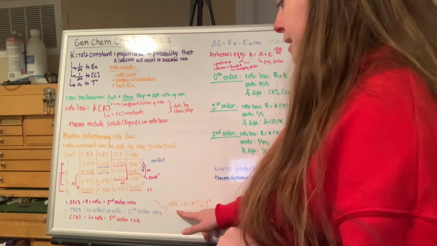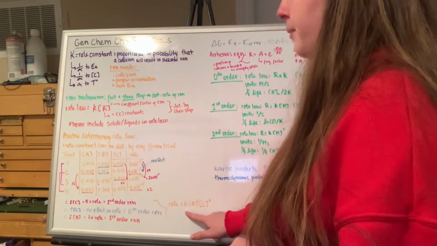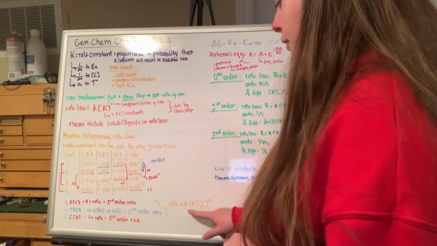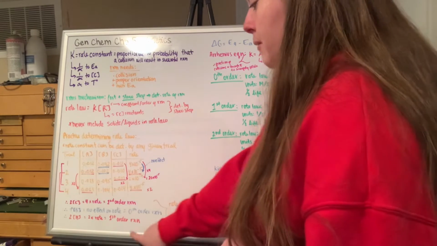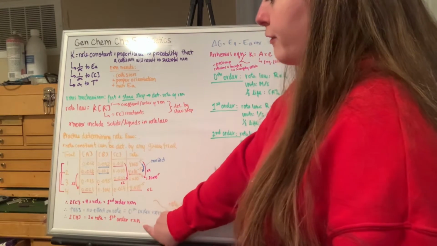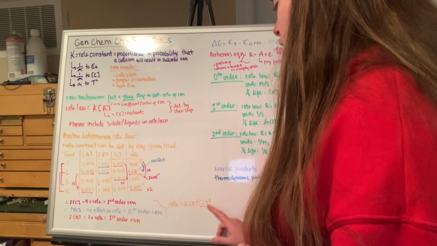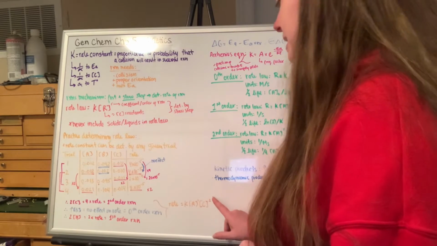So we have rate, right? This was our rate law equation from above, equals k, our rate constant, times the concentration of A to the 1, because we said A is a first order reaction, times concentration of C to the power of 2, because we said this was a second order reaction.